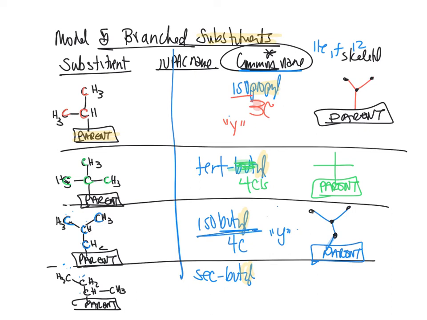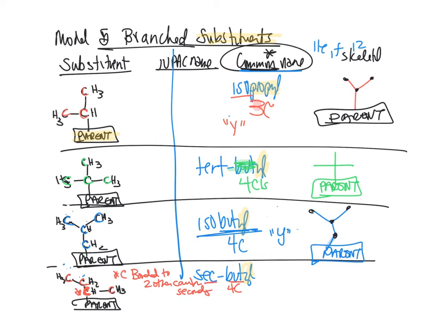And then sec-butyl, there's 4 carbons, 1, 2, 3, 4, and it comes off of this carbon, and you'll see that this carbon, I'll put a star, that carbon is bonded to 2 other carbons, and so that's why it's considered secondary. Okay, and that's the sec.